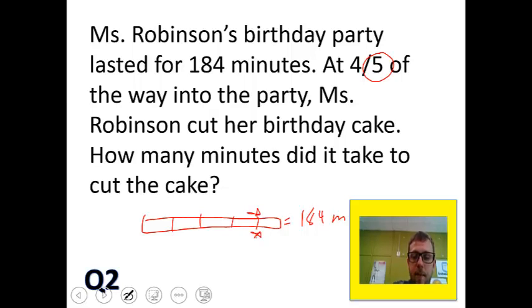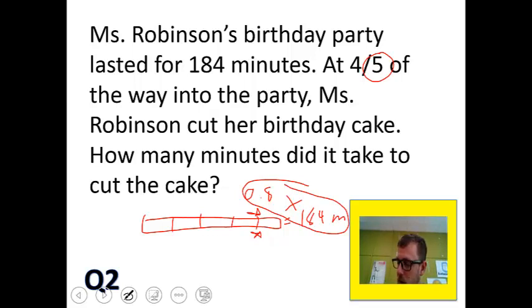4/5 the way in. Alright, so we need to figure out what 4/5 is as a decimal, just like if we were trying to find the percent to turn that into a decimal, like when we were finding tip, tax, and discount. So 4 divided by 5 is 0.8. And now what we're going to do is multiply that in order to shrink 184 to only 0.8 or 4/5 of the bar.